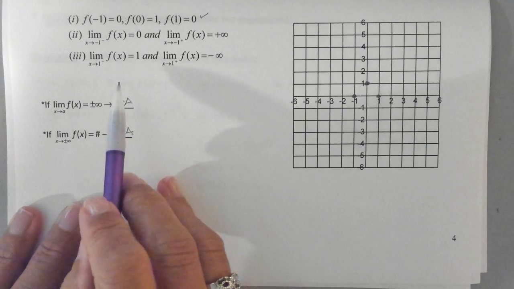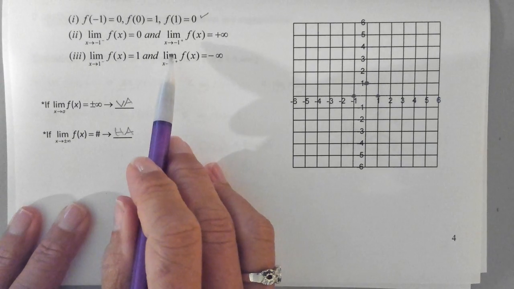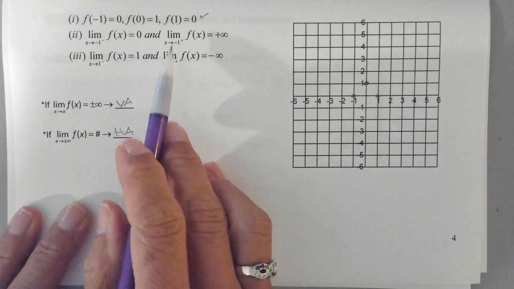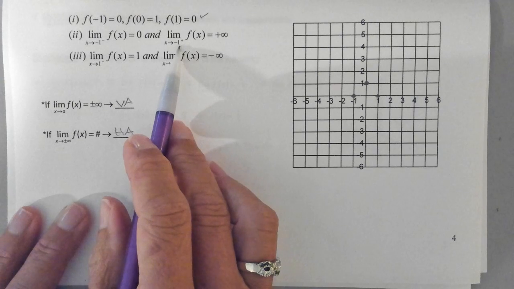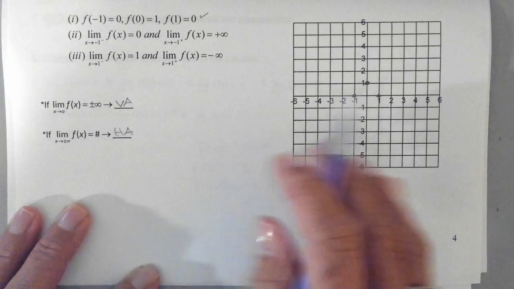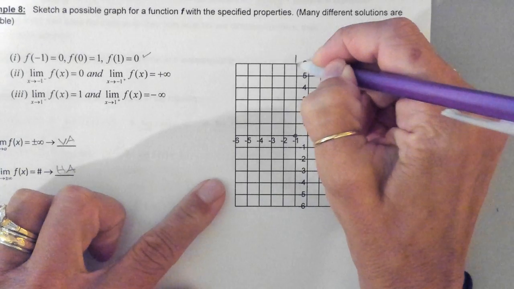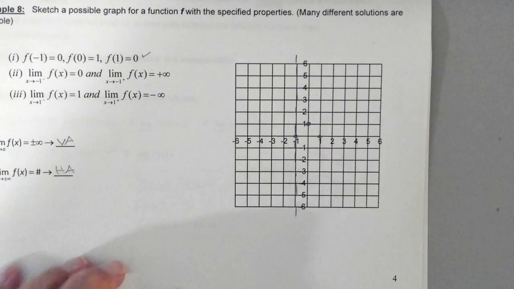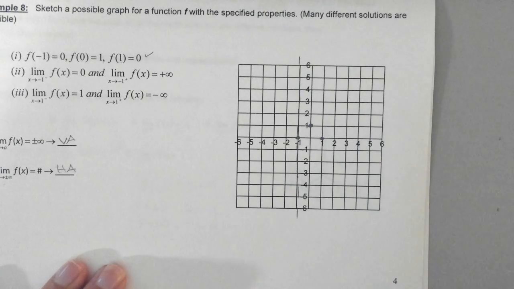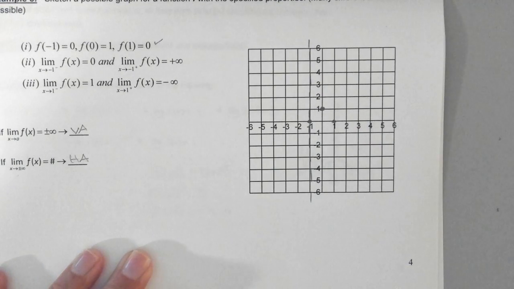Okay, so in this case, it appears as though we only have vertical asymptotes, and we have 2 of them. So here it says the limit as x approaches -1 from the right is equal to positive infinity. So that means at -1, we will have a vertical asymptote. So I'm going to put that on here. Now, I got the question yesterday, is it possible to have a point when you have a vertical asymptote?